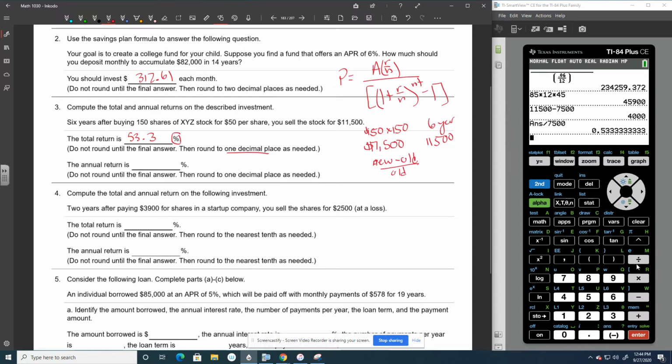If I just divide that by 6, I get my annual return, which is going to be 8.8%, the percent that I'm getting back each year.